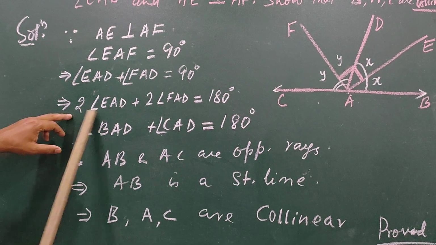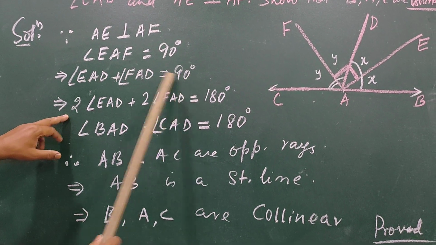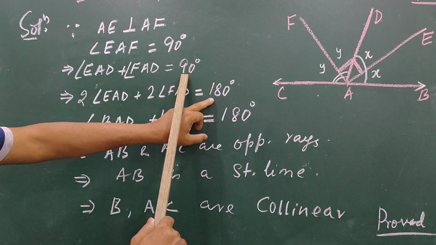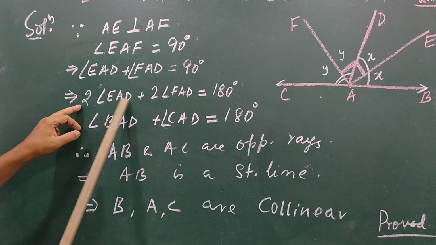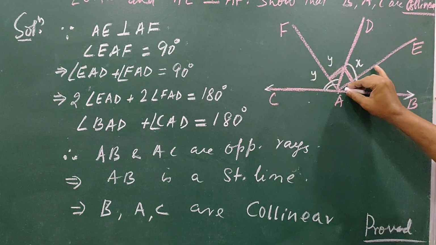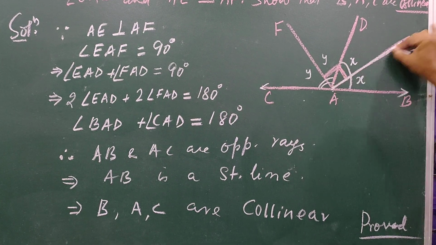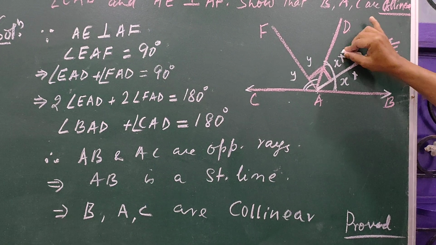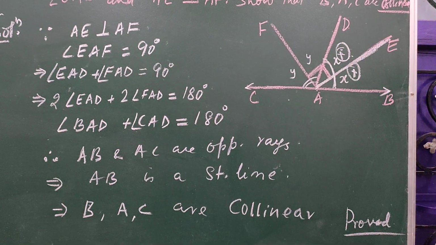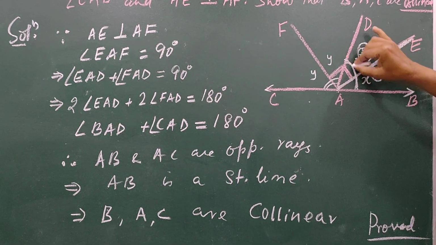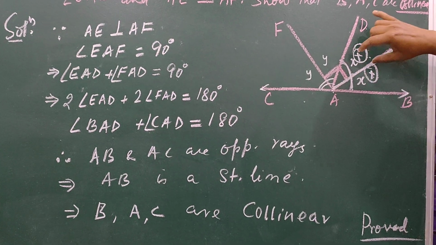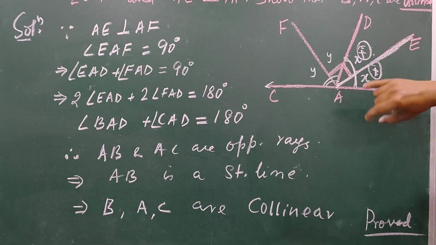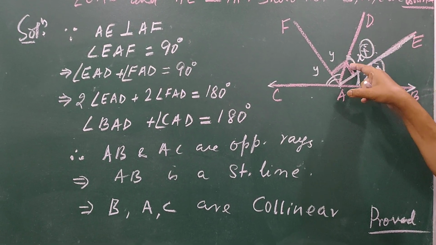Now multiplying both sides of this equation by 2, you will get twice EAD plus twice FAD equals twice 90, which is 180. Since AE is the bisector of this whole angle, these two angles are equal. When these two angles are equal, the whole is twice each part, or each part is half of the whole angle.